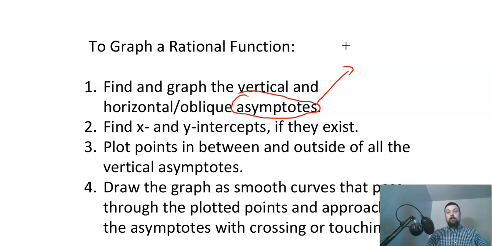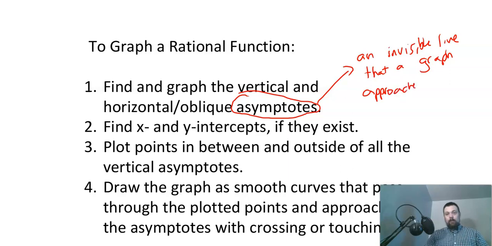An asymptote is an invisible line that a graph approaches, meaning it gets closer and closer to that invisible line, but without crossing or touching that invisible line.